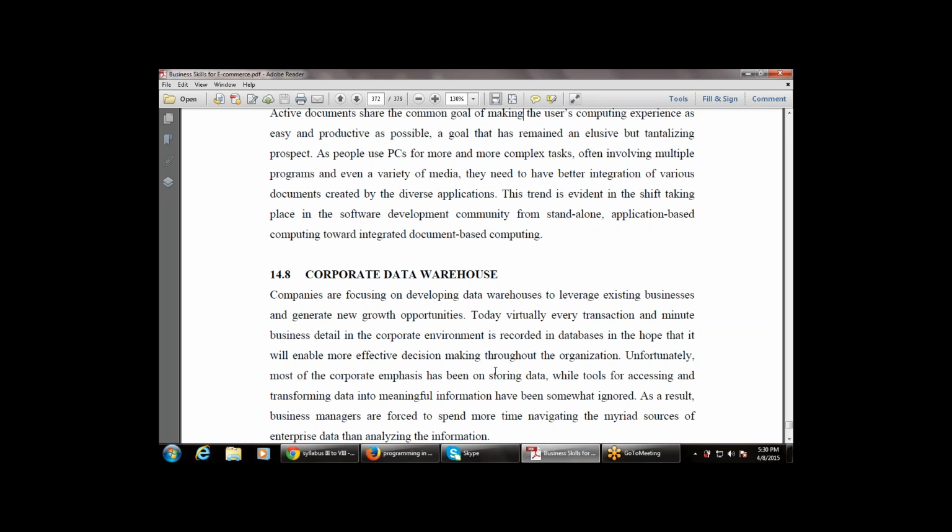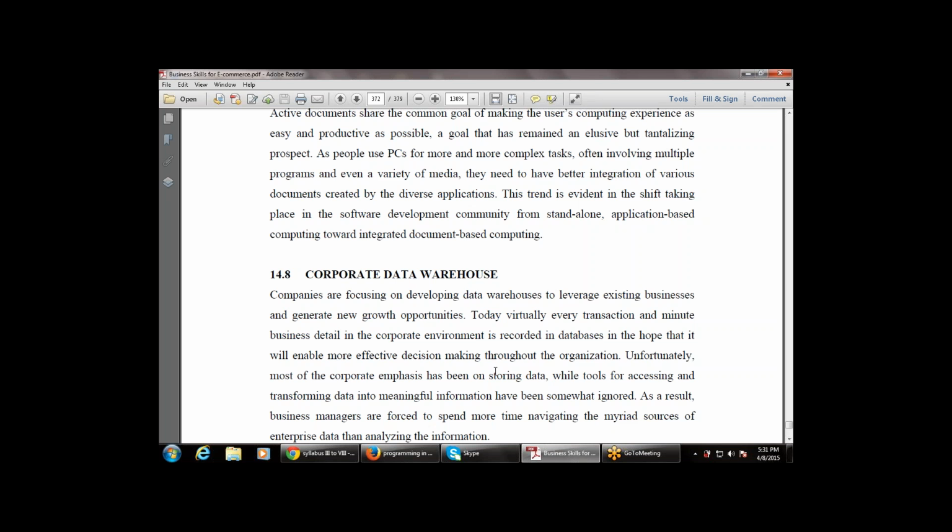So this says companies are focusing on developing data warehouses to leverage existing businesses and generate new growth opportunities. Today, virtually every transaction and minute business detail in the corporate environment is recorded in the databases, in the hope that it will enable more effective decision making throughout the organization.